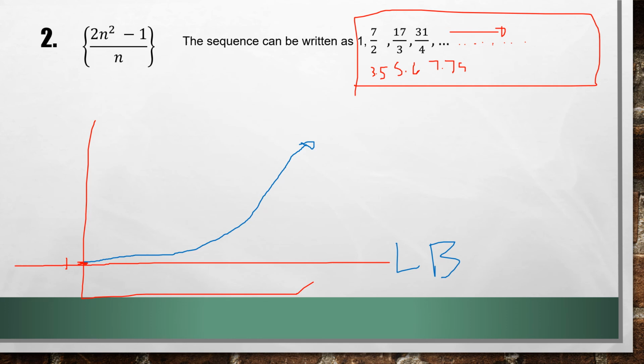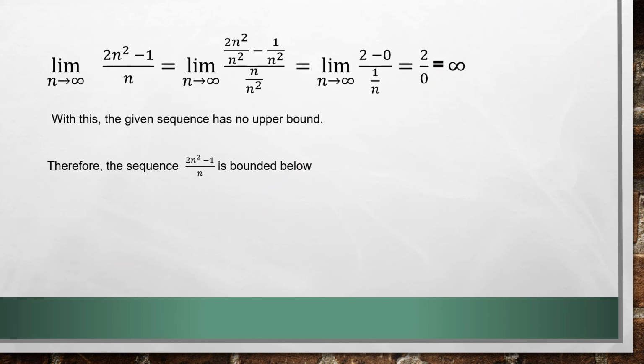Now let us try to identify if the sequence has an upper bound. To determine this, let us find the limit of the given sequence: the limit of 2n squared minus 1 over n as n approaches positive infinity.